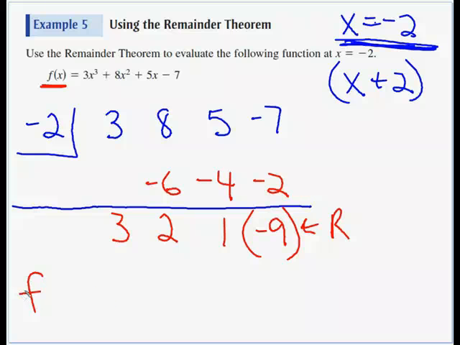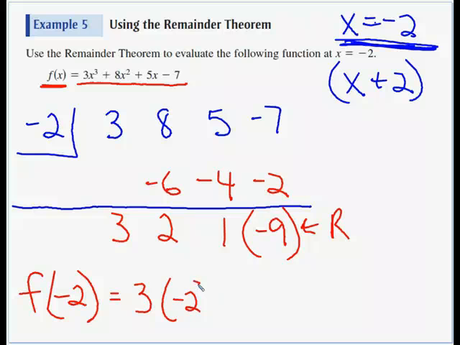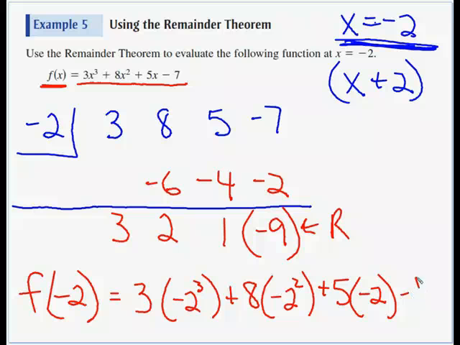We're not plugging the remainder in, we're plugging in this value. If I plug that -2 into the function f of x, so that's my bad, I got a little ahead of myself, f of -2, I'm going to run that -2 through this part of the function. So we're going to have 3 times -2 cubed plus 8 times -2 squared plus 5 times -2 minus 7.